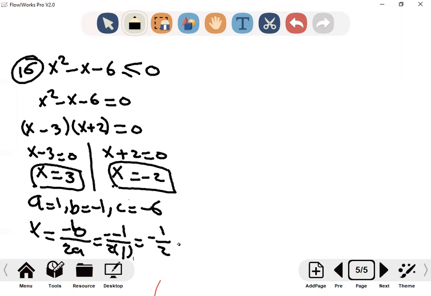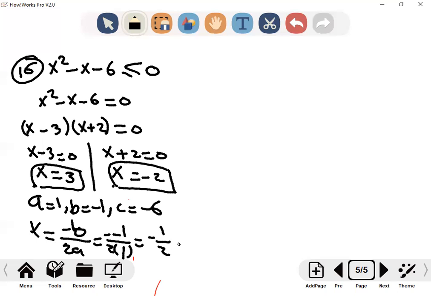Calculator, please. So I found the axis of symmetry, which is half, right?